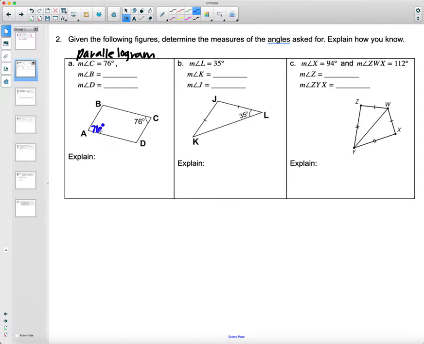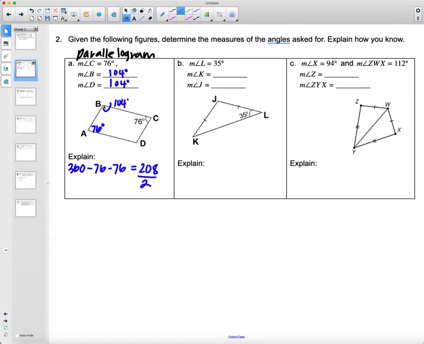So you could take the total of 360 degrees in a quadrilateral and subtract both 76s to get 208, and then 208 has to be split evenly between those two angles, so divide by 2, and you'd get 104 for each of angle B and D. So that's one way to do it.